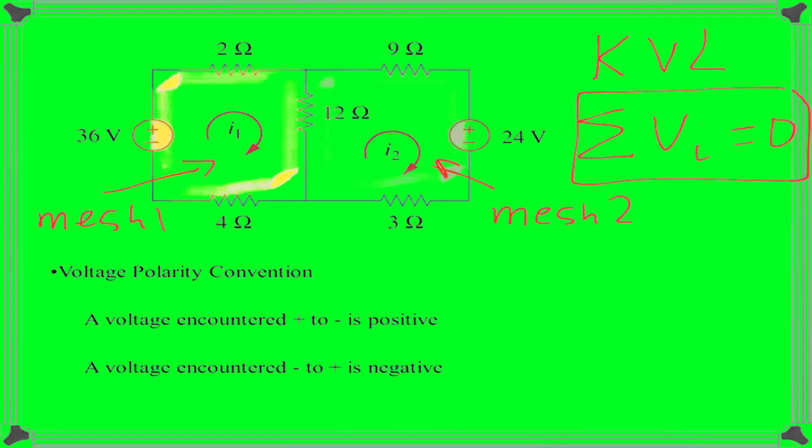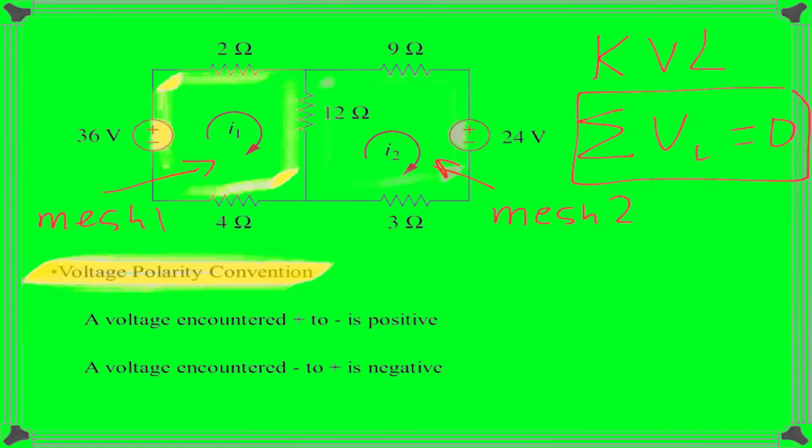But applying KVL to each mesh, we also need to consider a voltage polarity. So how does it work? The voltage encountered from plus to minus is assigned as positive, and voltage encountered from minus to plus is assigned as negative. So what does it mean?